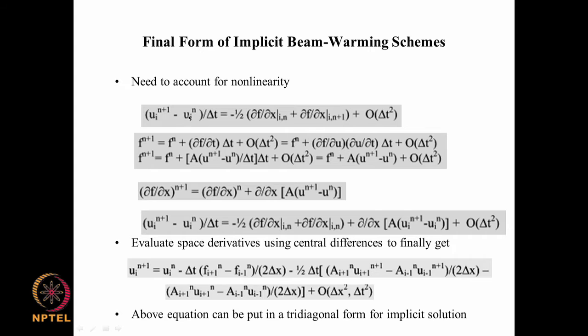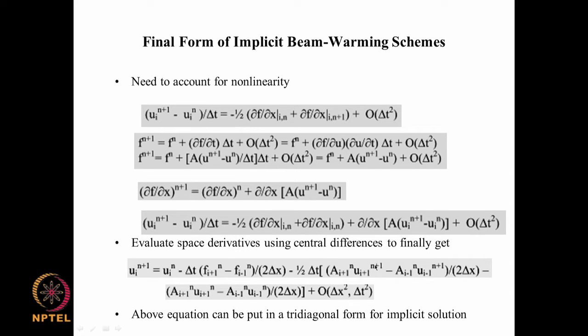Through some manipulations and evaluation of terms, we finally got an expression for advancing from time step n to time step n+1, where we evaluated the space derivatives using central differences to get an equation for u_i^(n+1) in this form.